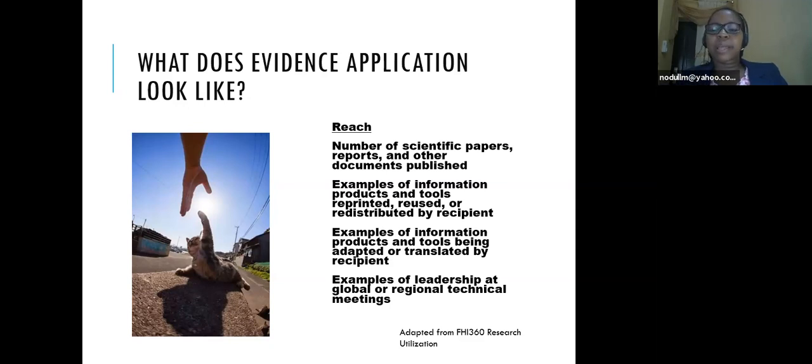They reprint them, they reuse them, they redistribute them. I mean the recipients, yeah? So the products and tools are adapted to suit different contexts and even leadership at different levels, global, regional, and even local. Yeah, we now say there's evidence used by reach.